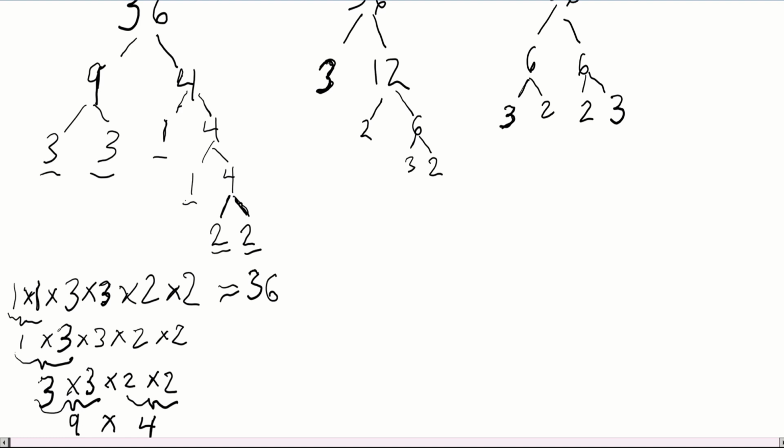If we look at the second tree, we have 3 times 2 times 3 times 2, which is mathematically equivalent because 1 times a number is that number. So 2 ones from the first tree could just be omitted.